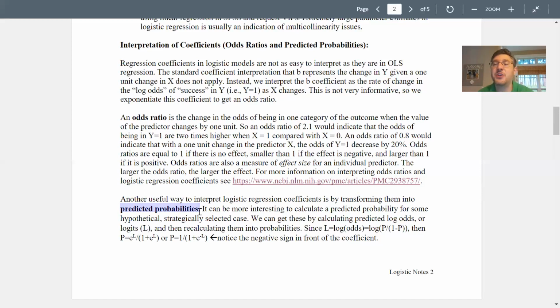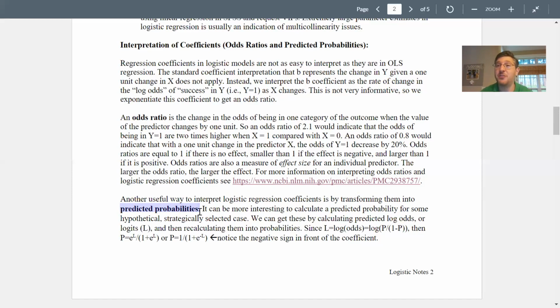want to know, say, the probability males and females would be retained. Say retention is our outcome. So we want to know whether they're going to be retained or not retained. We can look at the difference between males and females.